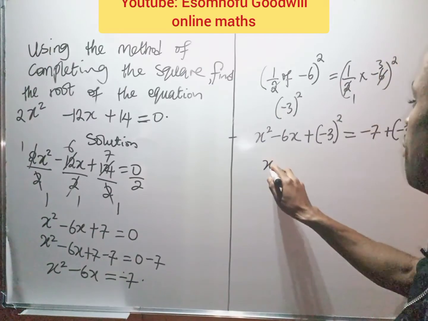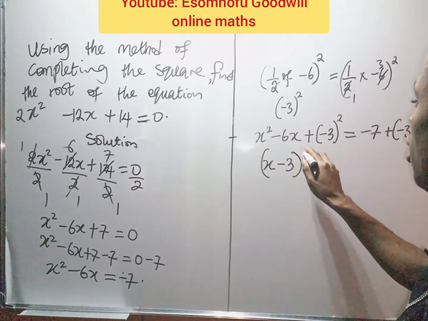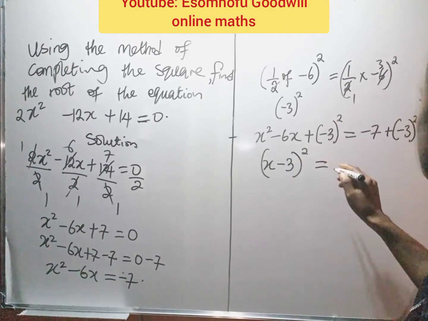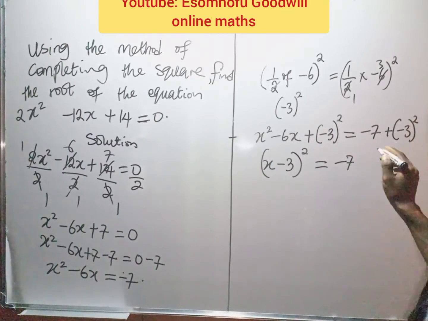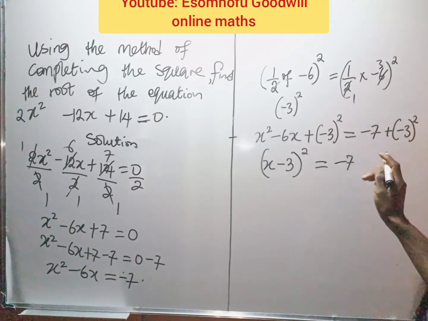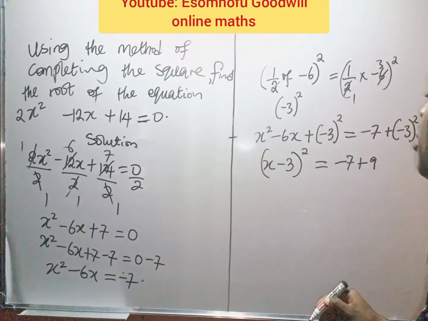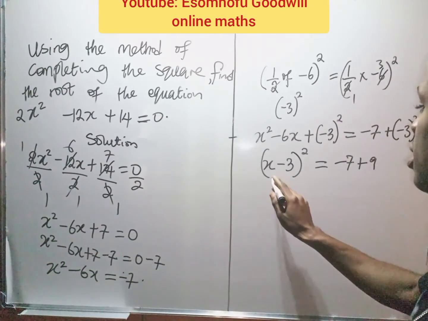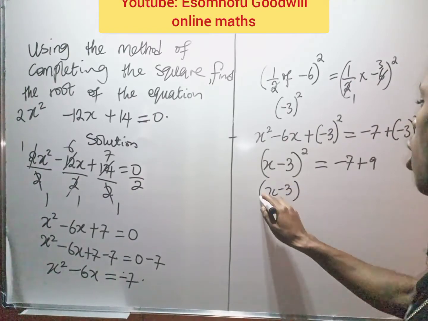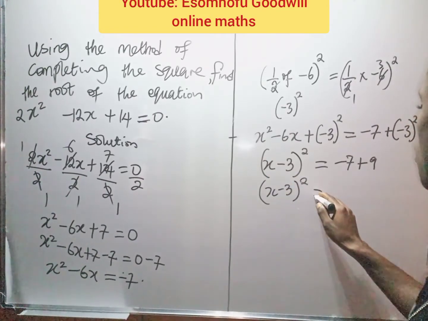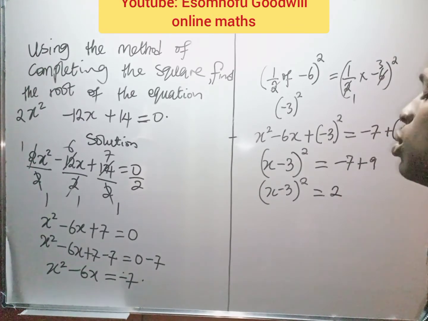So I have that x minus 3 all squared is equal to minus 7, and minus 3 squared is the same thing as plus 9. So we have plus 9. Then x minus 3 all squared is equal to 2.